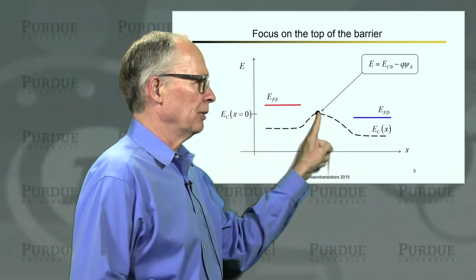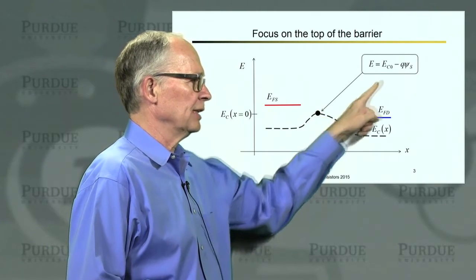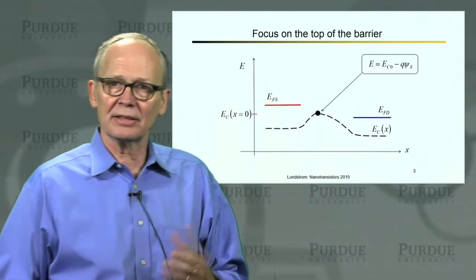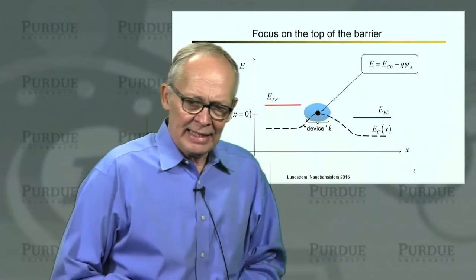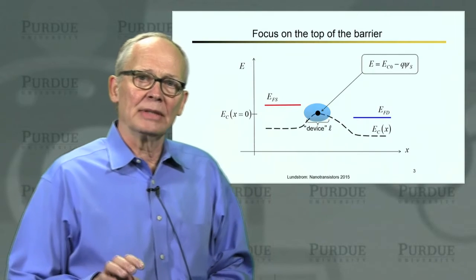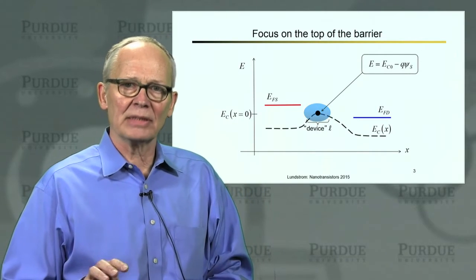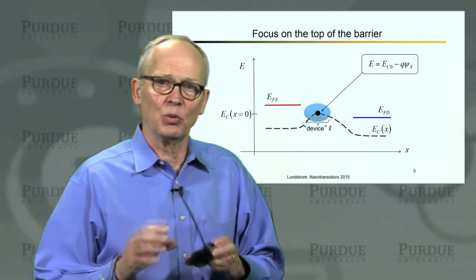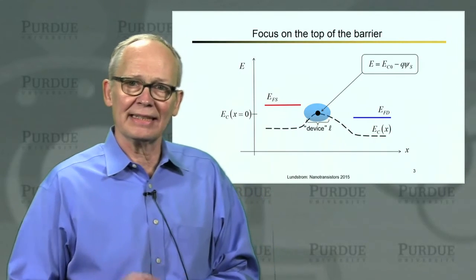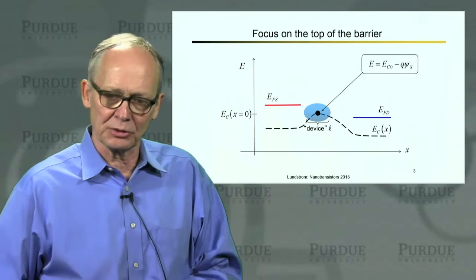So the top of the barrier, we can move up and down as we change the potential in the semiconductor with the gate voltage. And we've seen how if we properly design the MOSFET, MOS electrostatics will obey the classic 1D electrostatics at this top of the barrier or virtual source.